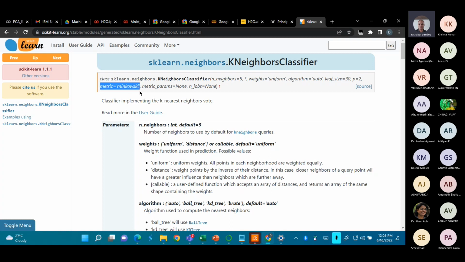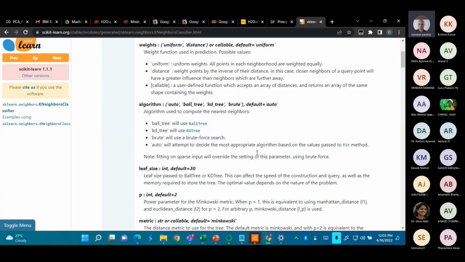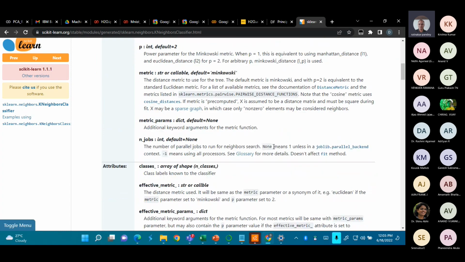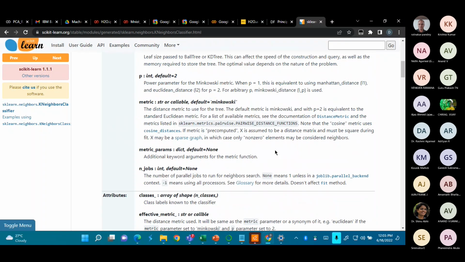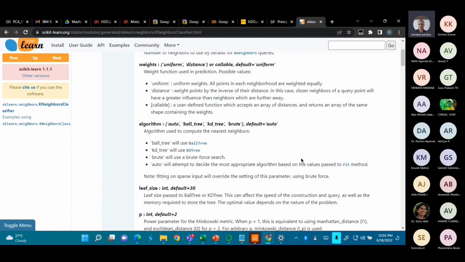We'll talk about these metrics in our clustering. By default it uses the Minkowski distance, but you can change it to Euclidean, Manhattan distances, and so on. All those can be done, but that's the logic.